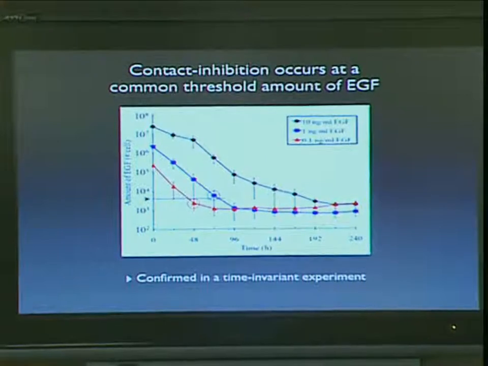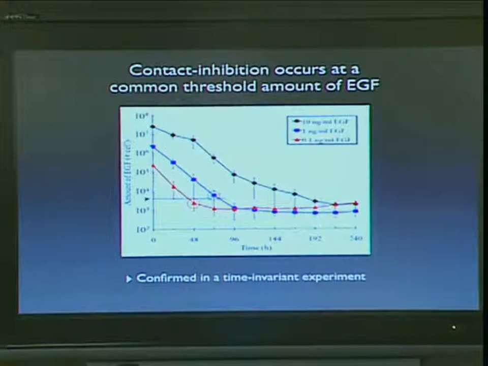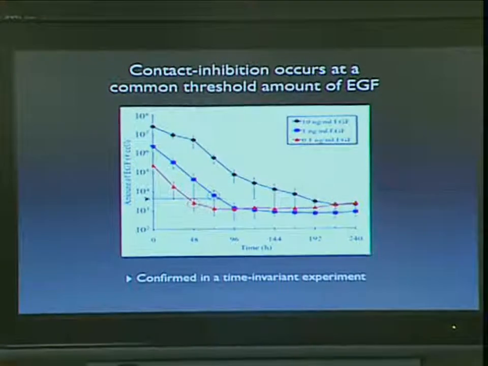So what we're implicating is not that cadherins are the direct regulator of proliferation, but they must be there upstream to enable contact inhibition. But that could be occurring by physical constraining of the cells, yeah, even with a uniform level of EGF.